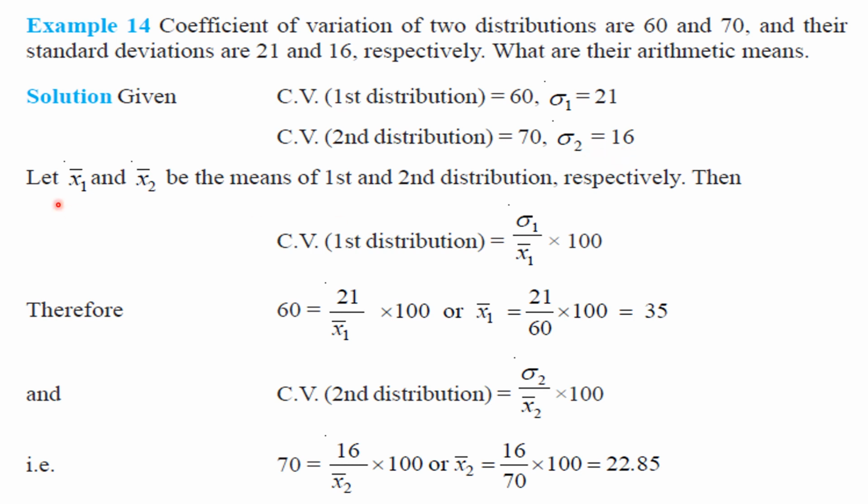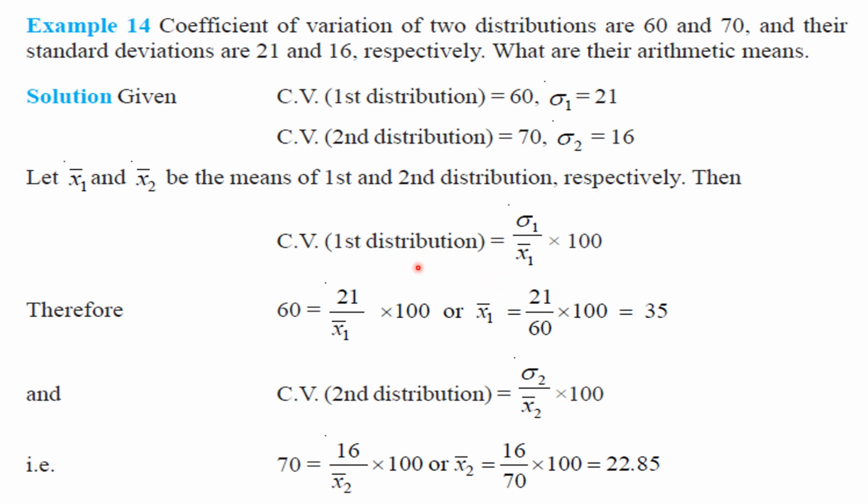Okay, my children. Let us consider x1 bar and x2 bar be the means of first and second distributions respectively. Then here we write the formula. Coefficient of variation of the first distribution is equal to sigma 1 by x1 bar into 100. Okay, my children, do you remember this formula?